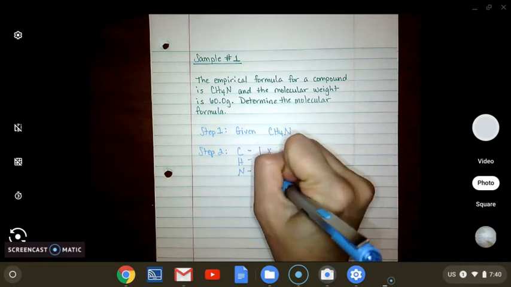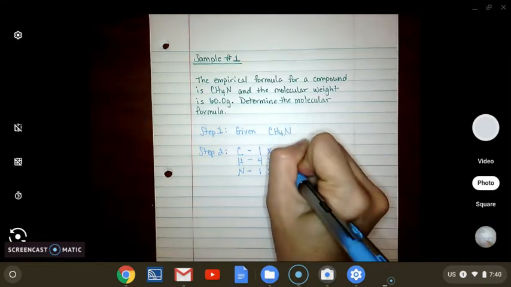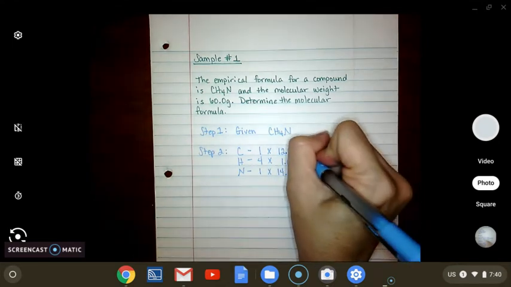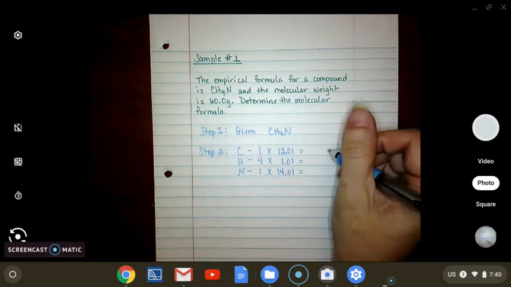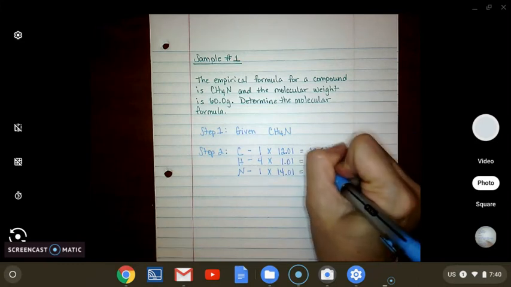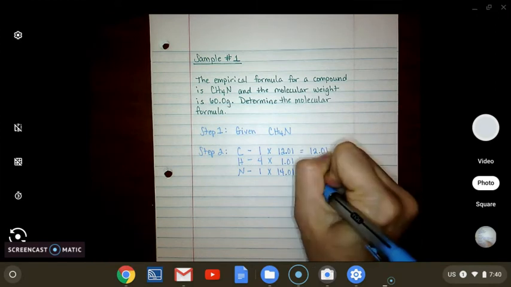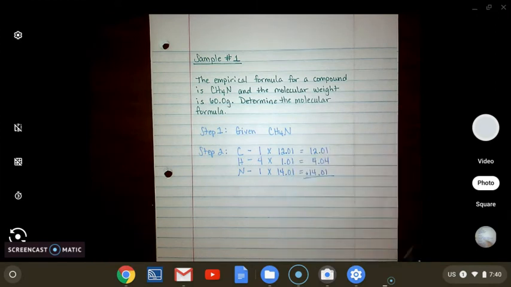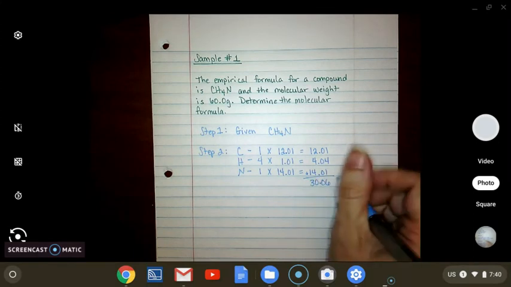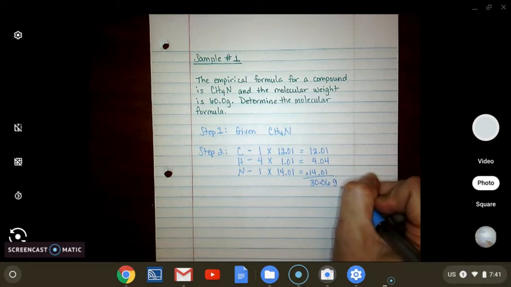You're going to multiply them by their atomic mass, which is 12.01, 1.01, and 14.01. All right, and then you're going to add those up, and you get 30.06 grams.